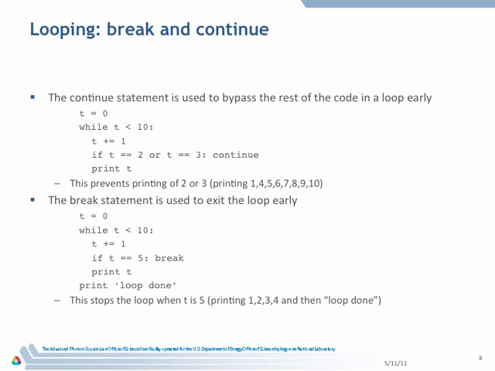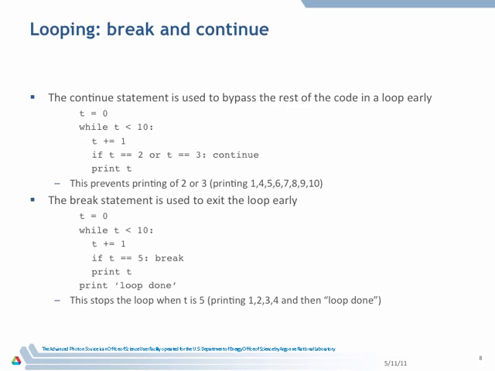Okay, so we'll go through this loop, same thing as we did before, except now I've changed it to the plus equals. But if t equals 2 or t equals 3, execute a continue. So what happens is when t is 1 here, it prints a 1.